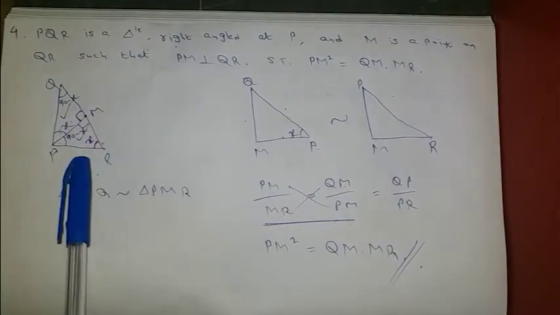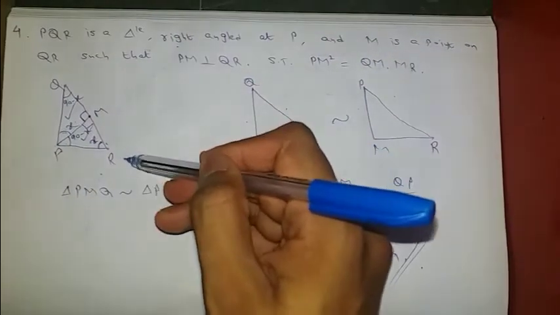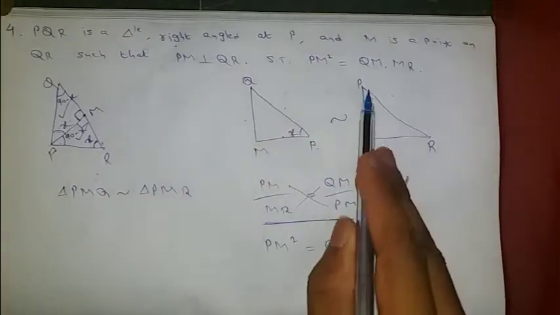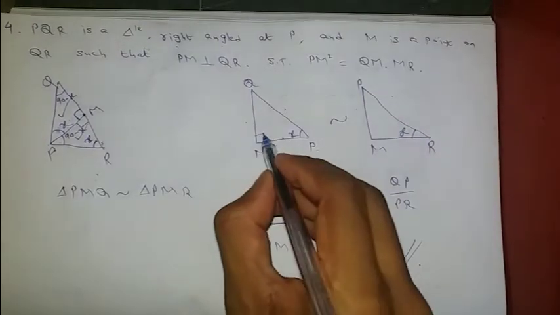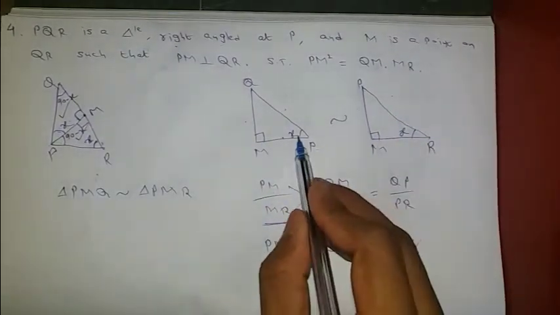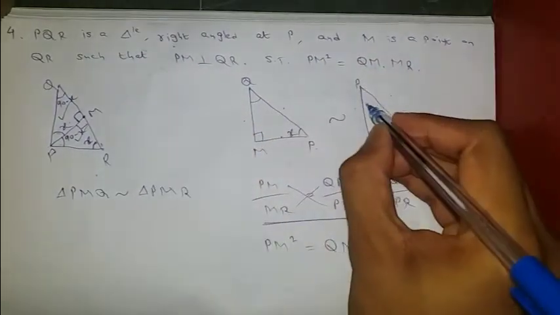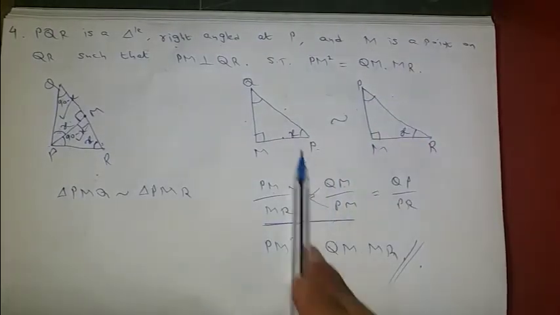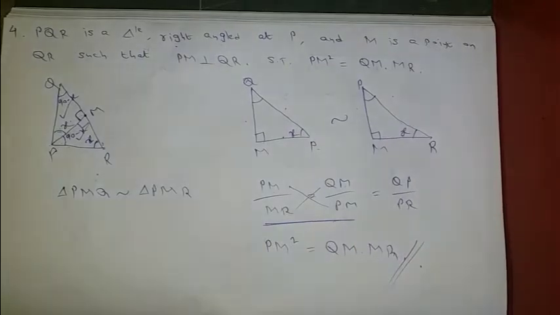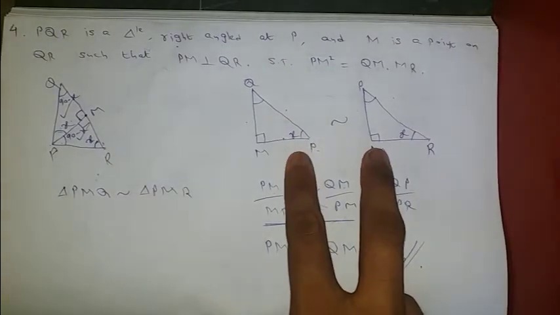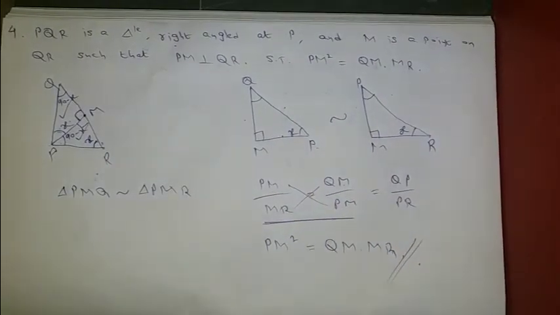Now if we observe this lower triangle, angle MRP is x. See, observe this now. This is 90 degrees, this is 90 degrees, this is x, this is x, this is 90 minus x, this is 90 minus x. Corresponding angles are equal. If we are able to draw this figure perfectly, then obviously we can write this clearly.